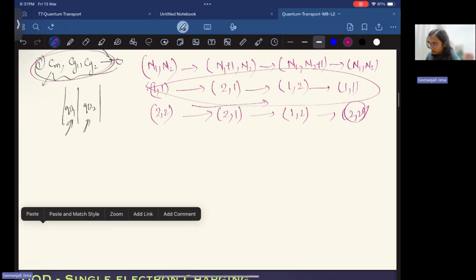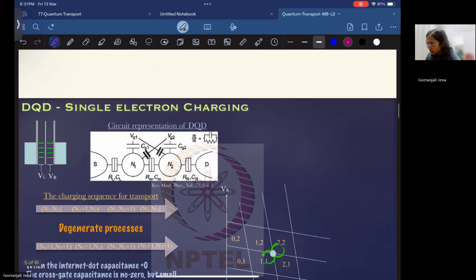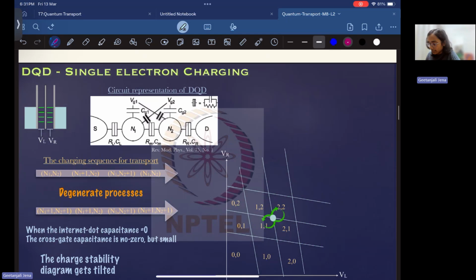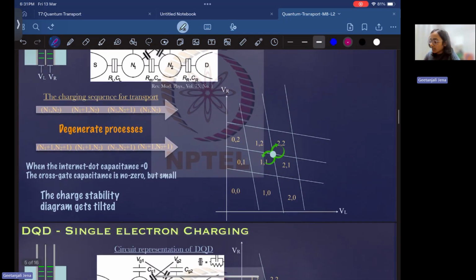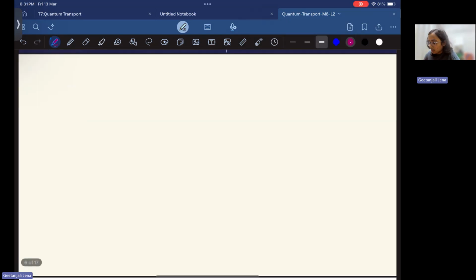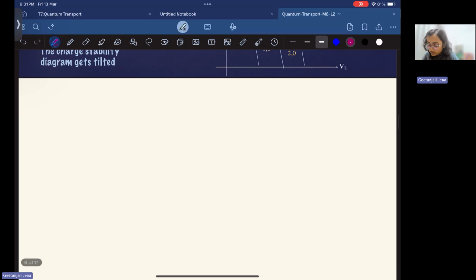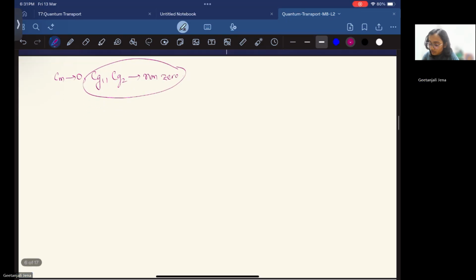Now for the second case, which we have seen on this slide. Here we have the interdot capacitance Cm equal to 0, but Cg1 and Cg2 are non-zero, though they have a small value. So what does this mean?